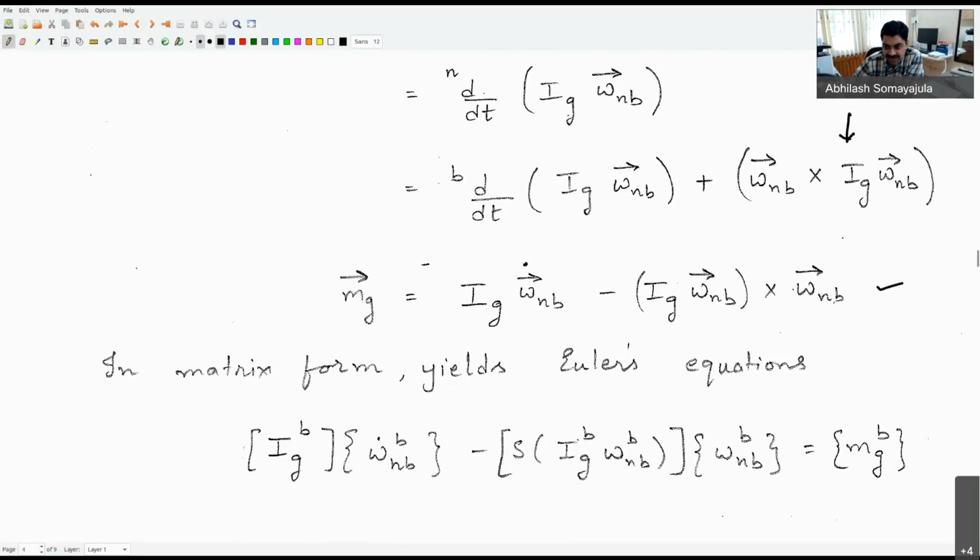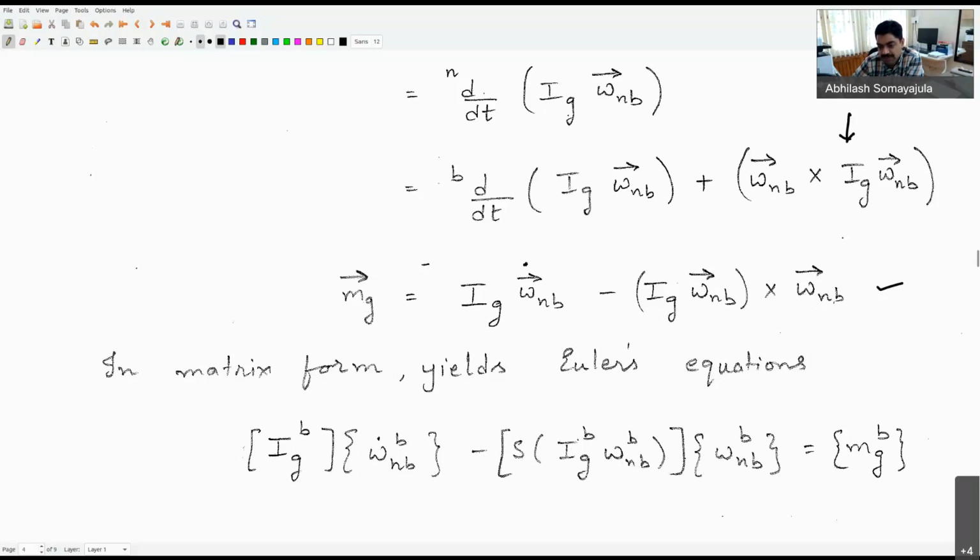All right, in the matrix form, so this is also in the vector form. If I wanted to write down this equation in the matrix form, then I would go ahead and say that I'm taking the inertia matrix about the center of gravity in the body fixed frame times the omega nb dot in the body fixed frame minus I'm going to construct a skew symmetric matrix obtained after the multiplication of Ig and omega nb.